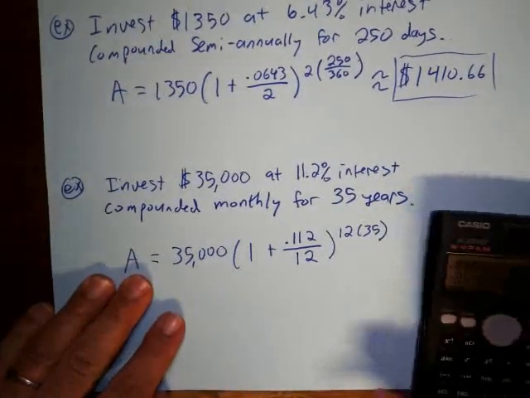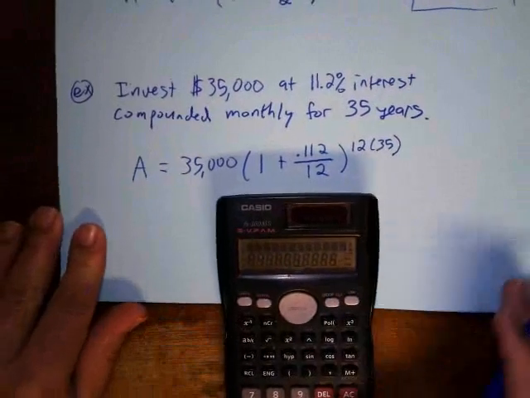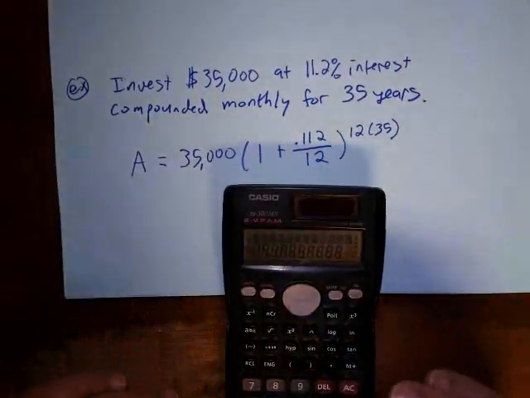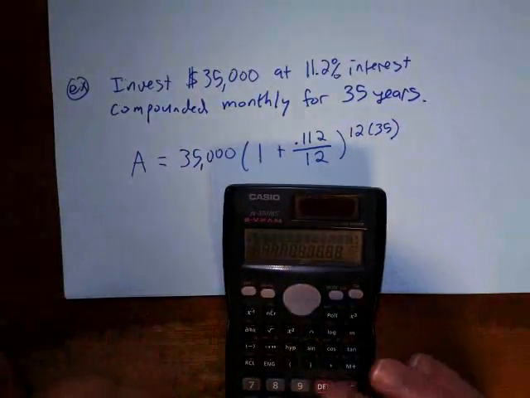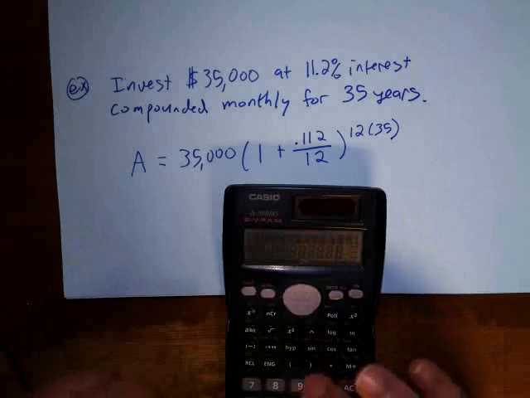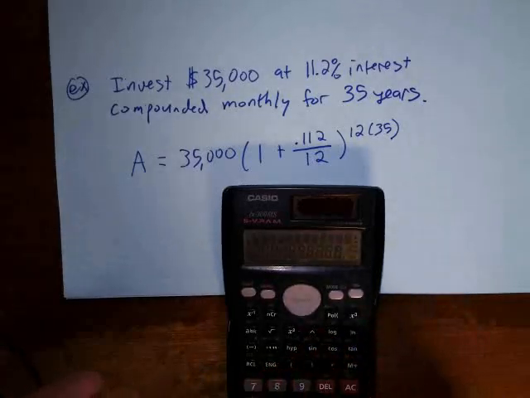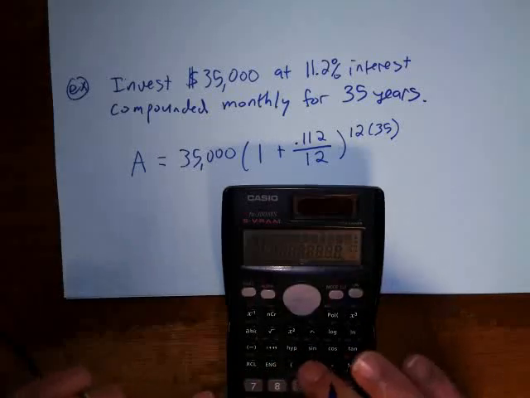So let's see how much this investment is worth. This will be fun. Okay, so 35,000 times 1 plus 0.112 divided by 12 raised to 12 times 35.